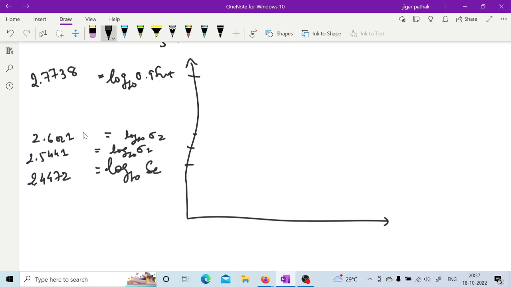Then sigma 3, log 10 sigma 3 is 2.6990. Okay.